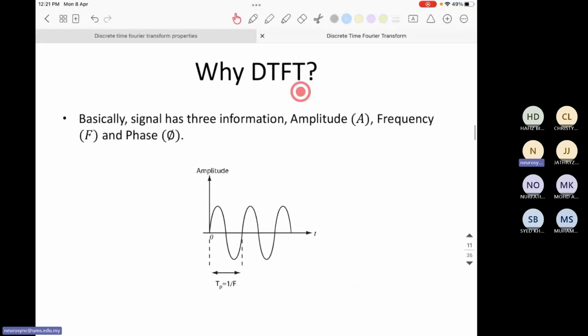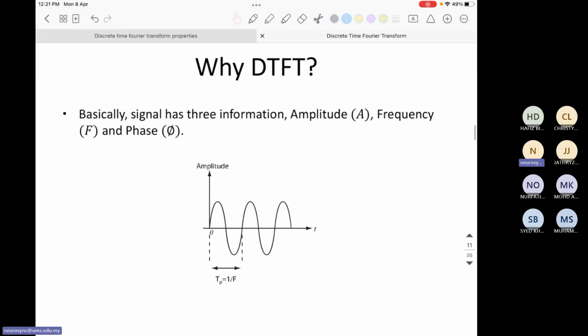Now, why DTFT? Why discrete time Fourier transform? Every signal has three pieces of information: amplitude, frequency and phase. For example, in this figure you can see a sinusoidal waveform, with amplitude on the y-axis.